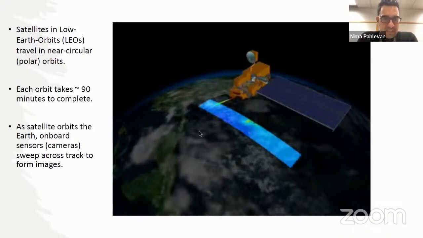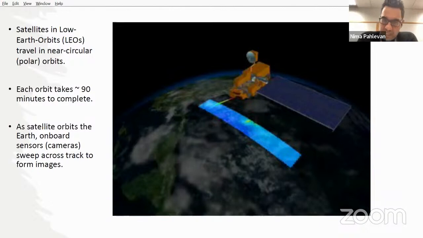Each orbit takes about 90 minutes to cover a wide swath of observations under the satellite track. And on board these satellites, there are sophisticated, well-calibrated cameras that enable data collection across the globe as the Earth rotates from west to east.